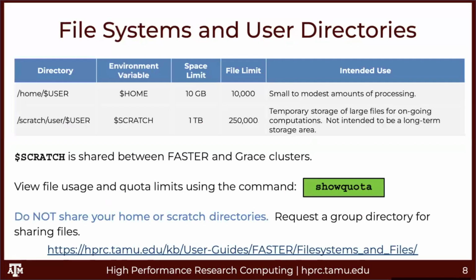And talking about how the data is stored on our clusters, we have 2 main directories. And these are home and scratch directories. So you can see in the table here, there's a comparison between them. The home directory is intended to be used for small to modest amount of processing. So it has a much smaller space limit, and limit on number of files.